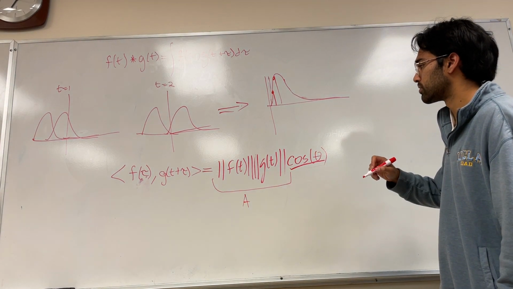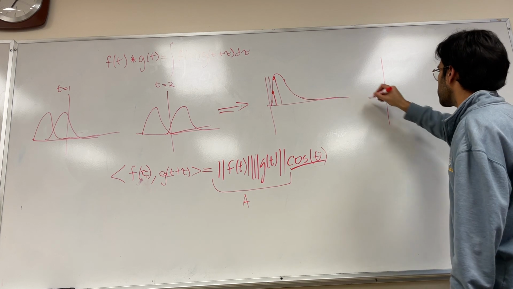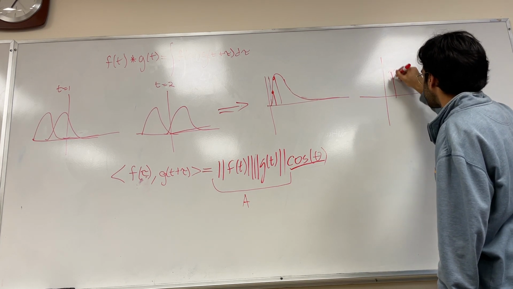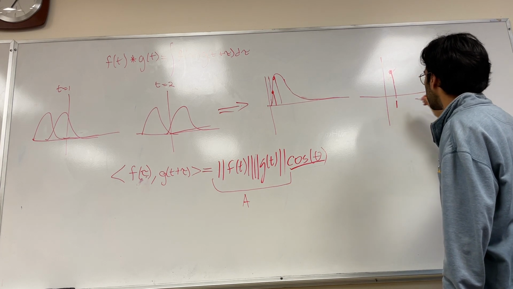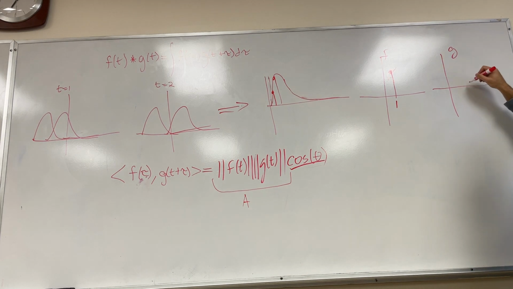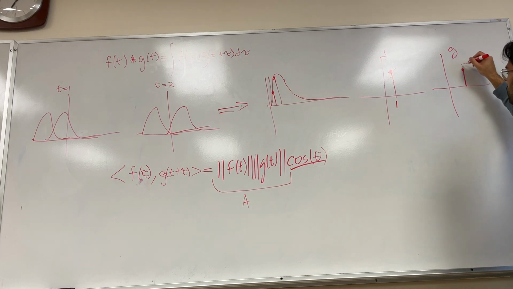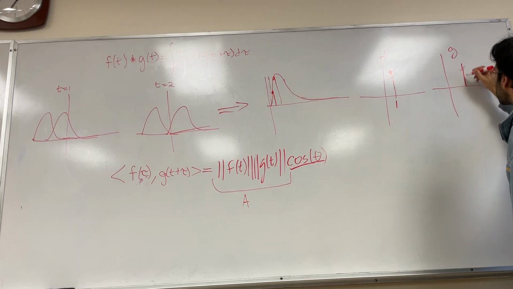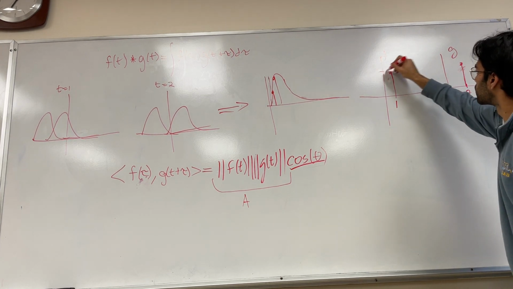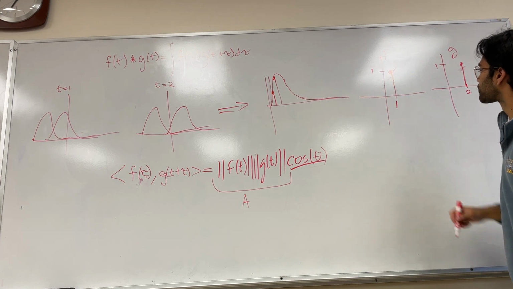You can look at this even in terms of deltas. Say you have a point here at 1, and this is f, and this is g, say this is at 2. Say this is 1 and 1 for simplicity.